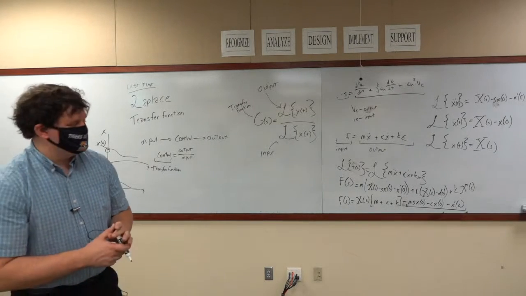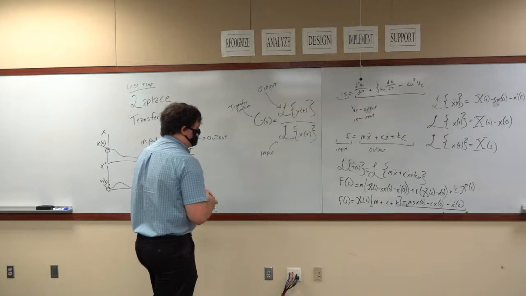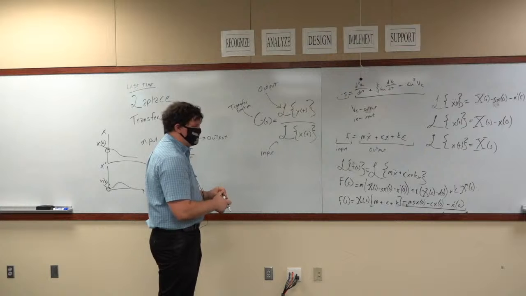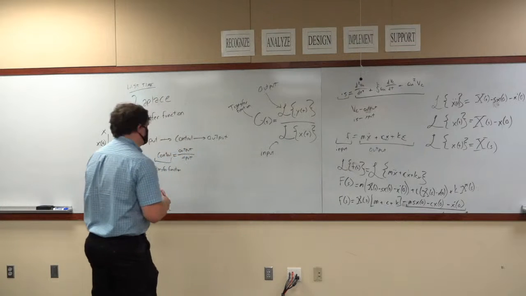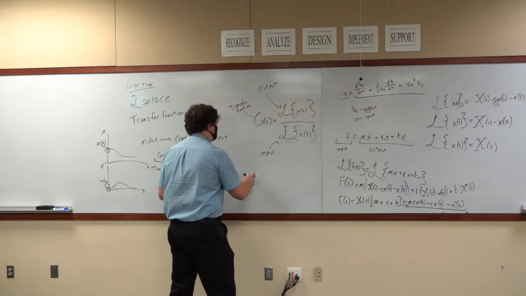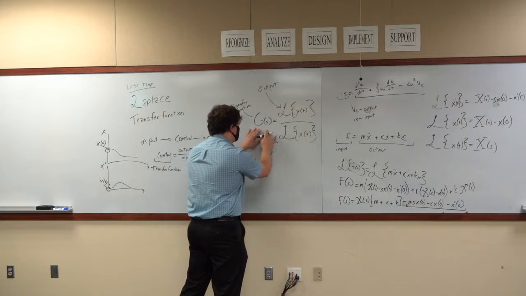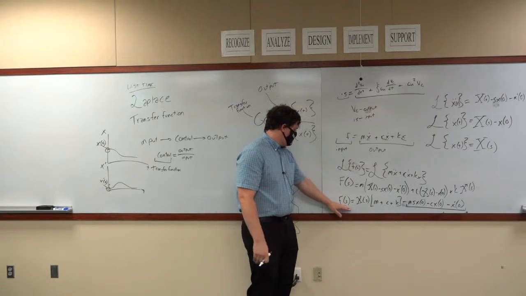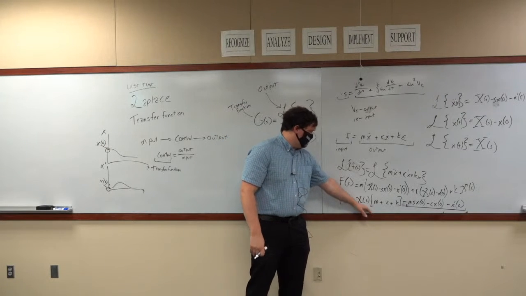Just doing some kind of mathematical transformation here. Okay, now what we're going to be looking for ultimately is we know G of s is equal to your output divided by your input. This is our output, this is our input.